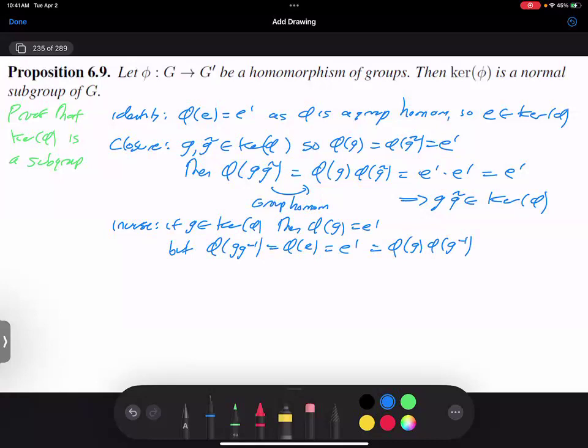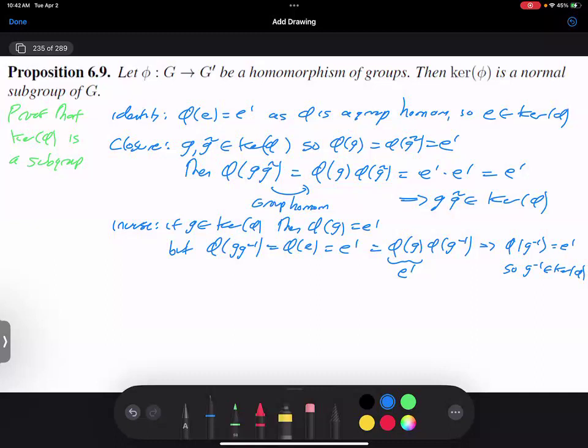But what do we know about phi of g? It's the identity. Why is it the identity? Yeah, because we've assumed it's in the kernel. So it's the identity by assumption. Therefore, phi of g inverse is equal to the identity. So g inverse is in the kernel of phi.